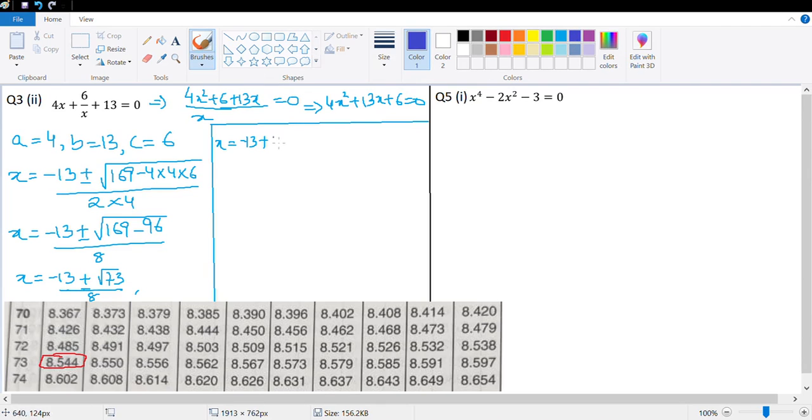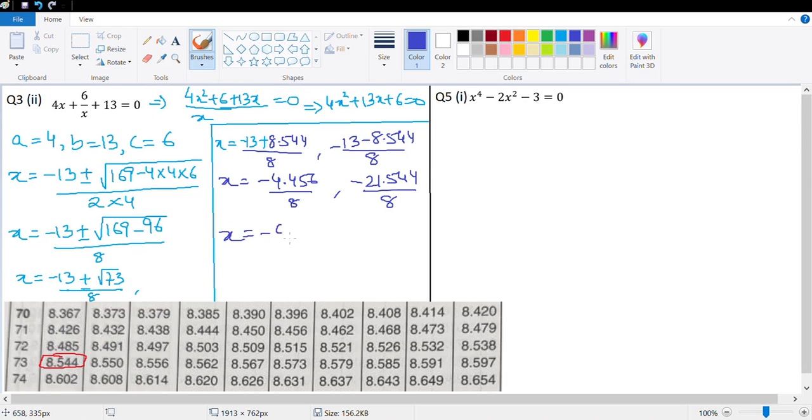So negative 13 plus 8.544 upon 8, or negative 13 minus 8.544 upon 8. x is equal to negative 13 plus 8.544, that's negative 4.456 upon 8, or this is negative 13 minus 8.544, that's negative 21.544 upon 8, which means x is equal to negative 0.557, or x is equal to negative 2.693.